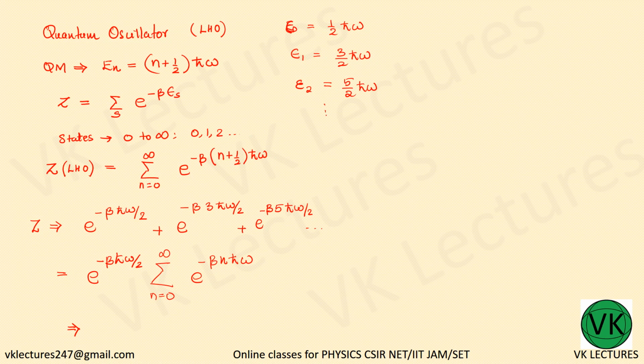Before moving forward, let us understand the sum over n equal to 0 to infinity of x to the power n. It is equal to x to the power 0, which is 1, plus x to the power 1, plus x to the power 2, etc. This is a sum of a GP; it forms a geometric progression.